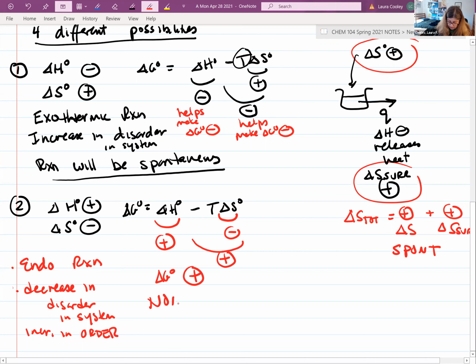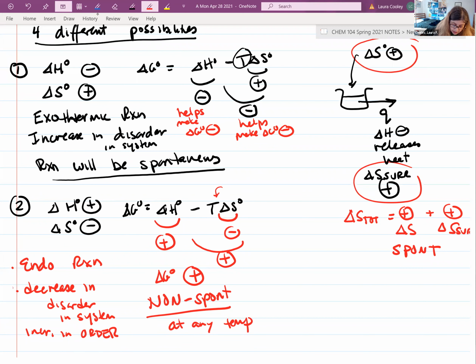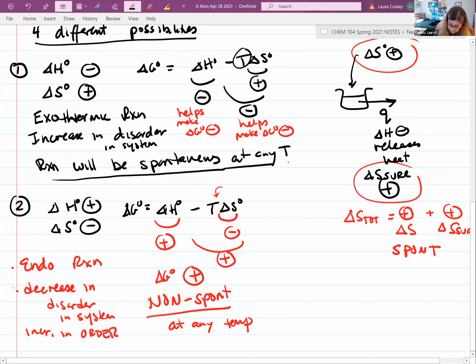This will be non-spontaneous. And if you look at it, the temperature is always going to be positive, so there's no way we could change that with any change in temperature. This reaction will be non-spontaneous at any temperature, just like this one here is spontaneous at any temperature.